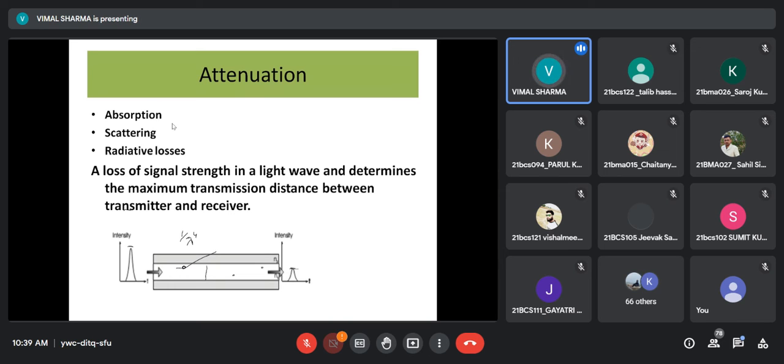And why is there this scattering? It is due to the way we manufacture our fiber. While manufacturing, there is local microscopic density variation in some small regions.